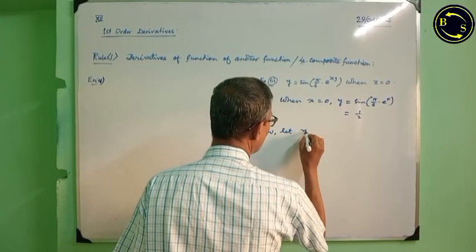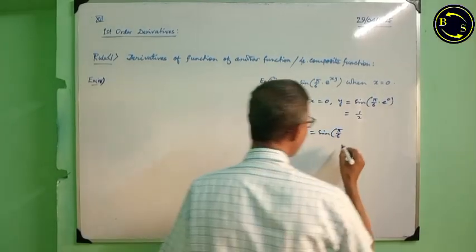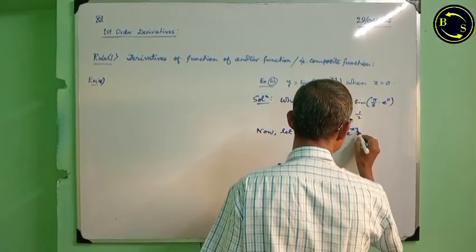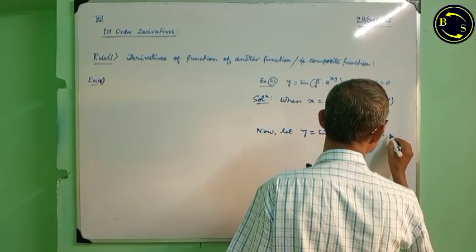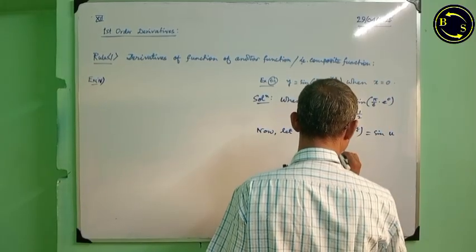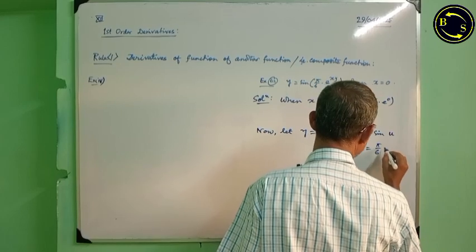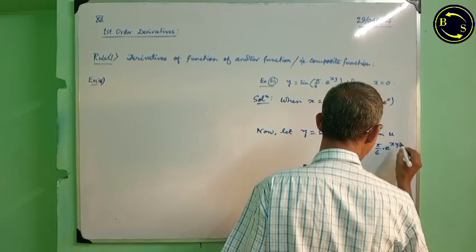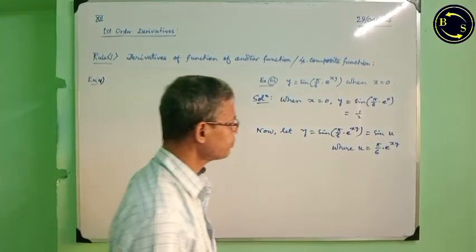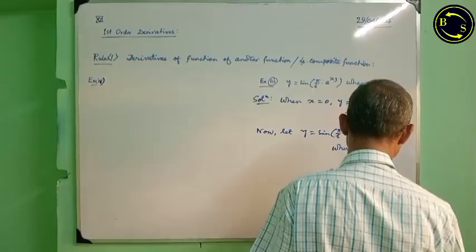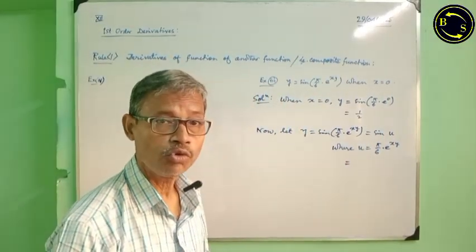Now let y equal to sine of u, where u equal to pi by 6 into e to the power xy. Now e to the power xy is there, not e to the power x.